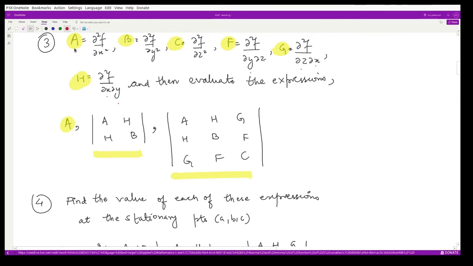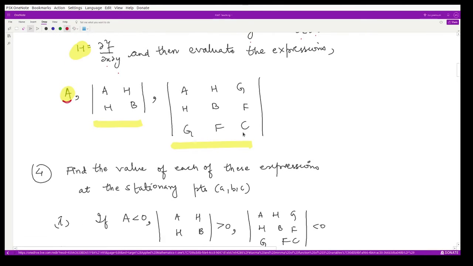By evaluating all these, you will check the signs of A, the determinant of A, H, H and B, and the 3x3 determinant of A, H, G, H, B, F, G, F, C.